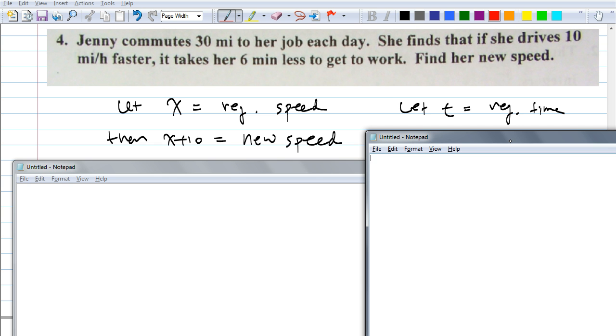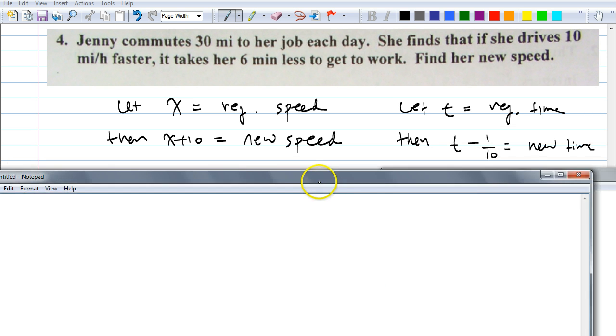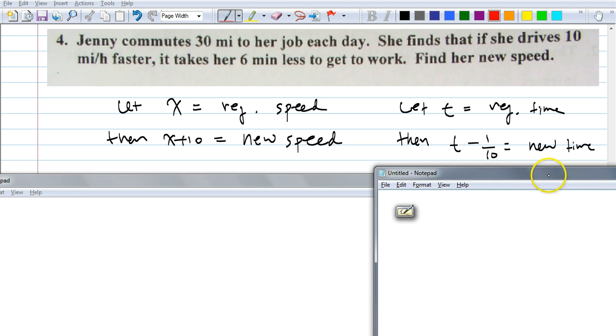Is it t minus 1/10 or 1/10 minus t? It's t minus 1/10, because the time it takes her is 6 minutes less. Be careful, guys. This is where people make mistakes. They write t minus 6, or 6 minus t. That's all wrong. It's t minus 1/10.